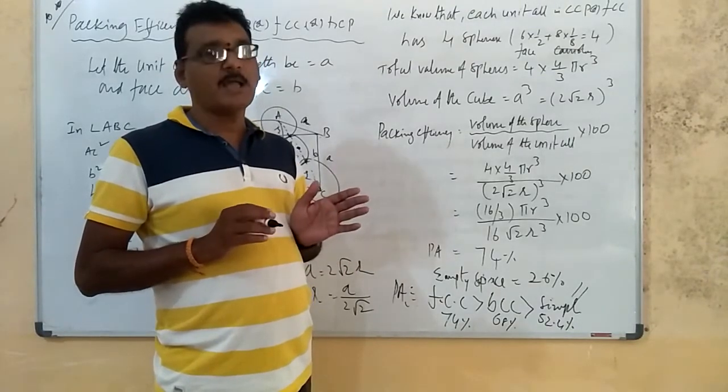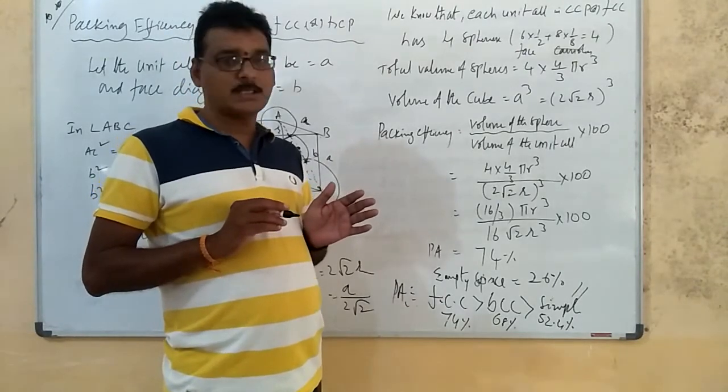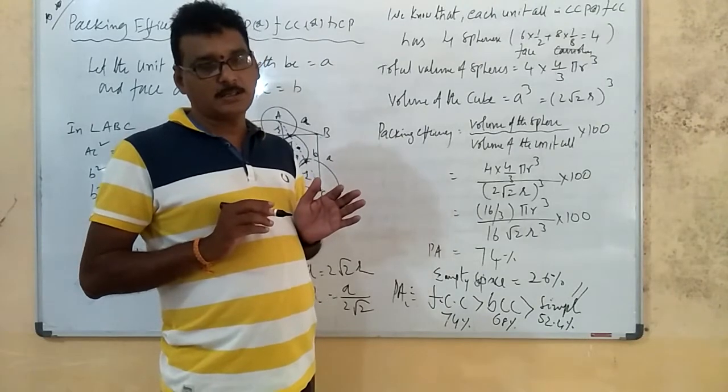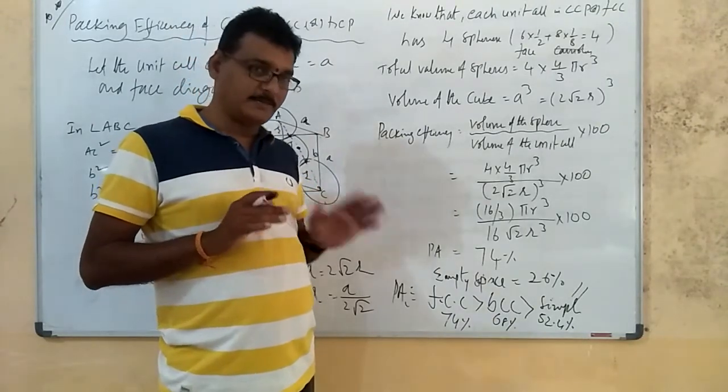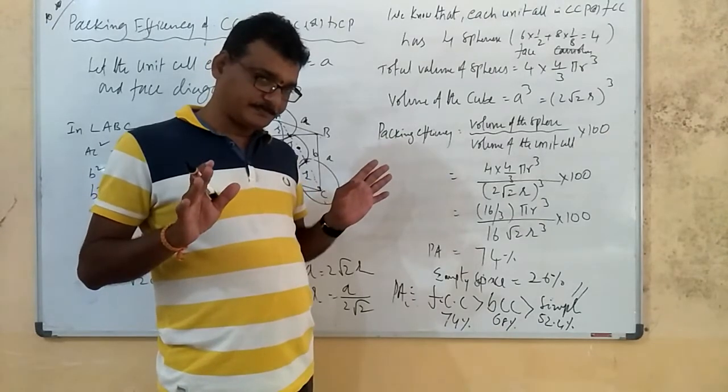This is the packing efficiency of face centered cubic, hexagonal close packing and face centered cubic. These are the derivations, so this is very most important.